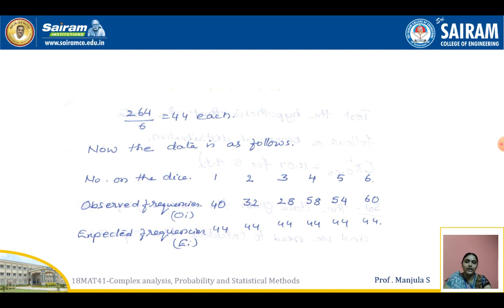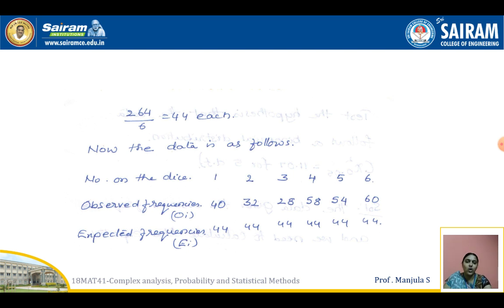So now the data is as follows. The number on the die, the x value, is 1, 2, 3, 4, 5, 6. For the observed frequency, write it as given in the question. The estimated frequency will be equal for each number, 44 each.